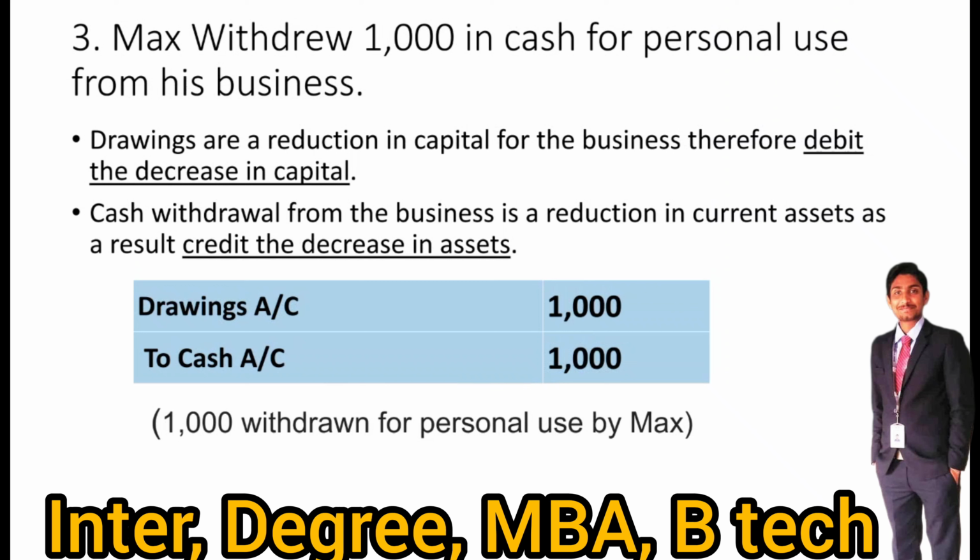Cash is an asset, so the asset value decreases, and we mention it on the credit side of the transaction. So the journal entry is: Drawings account debit to Cash account. Narration: 1,000 rupees withdrawn for personal use by Max.